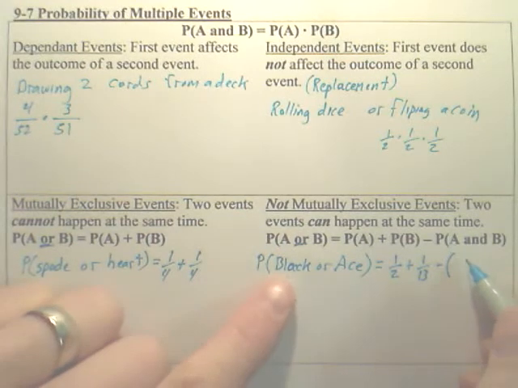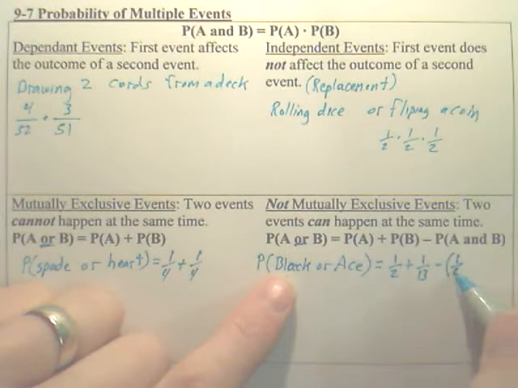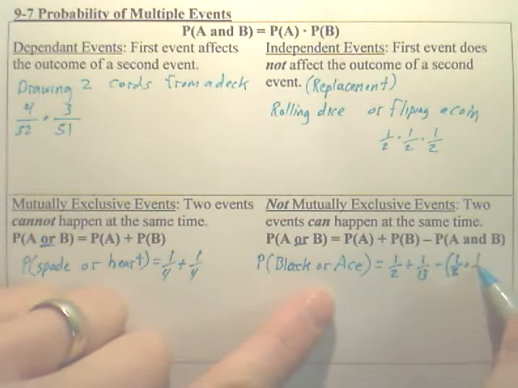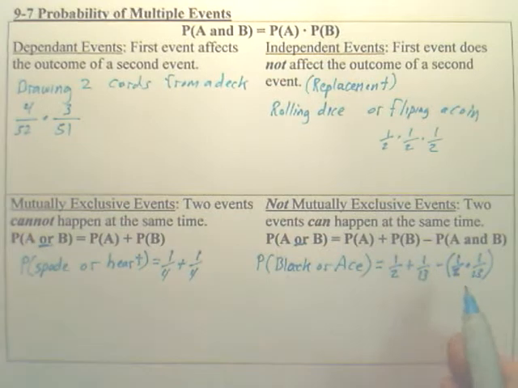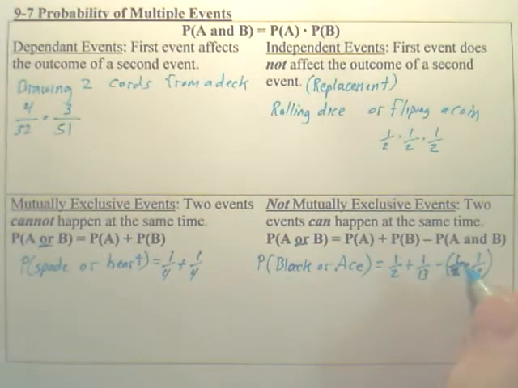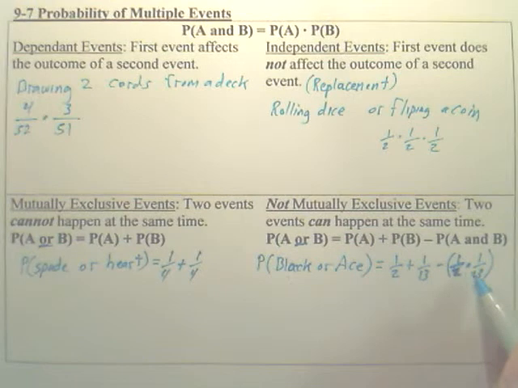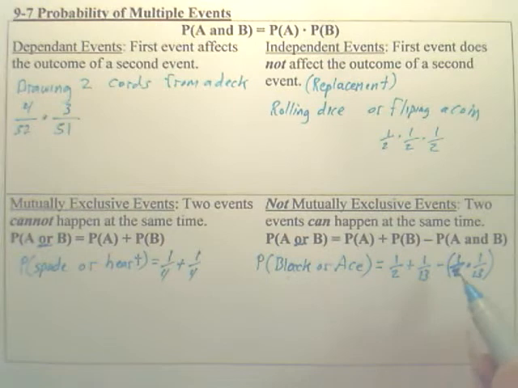So what's the probability of black times the probability of ace? Do you guys remember? We just did it earlier. And is multiply. So what you do is you add these two, but subtract the and of both of them. Basically, that gets rid of when you double count. Because if you counted these black cards, and then you counted aces, aren't there two black aces that you counted twice? Don't you have to take out those two black aces so you can't count them twice? It's kind of like repeating itself. So, yeah, that's basically the scoop of this.